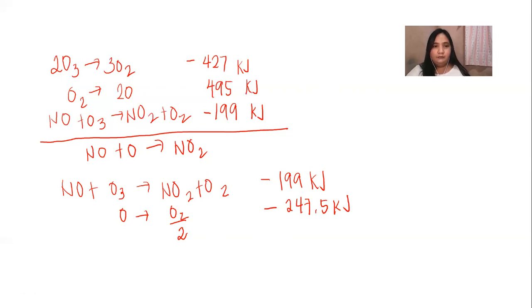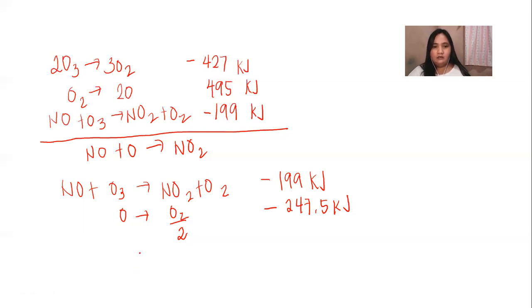And then finally, what about 2O3 and 3O2? We really don't need an O3 anywhere. So what we can do is cancel that O3. Where can I cancel it? I can cancel it here. So I need to leave an O3 on the right side. So I'm going to switch that as well, and that's divided by 2.